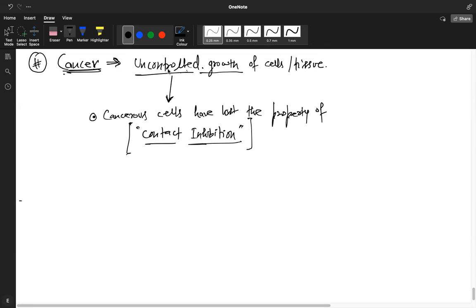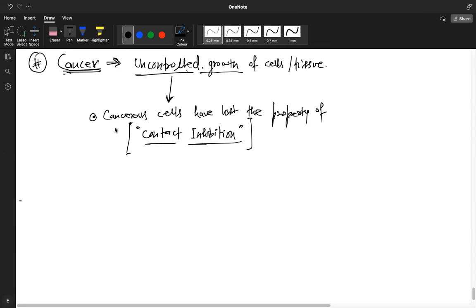So when you contact each other, you inhibit the growth, because that tells that everything is repaired, all the space is filled. Now we don't have to divide any further. So let's stop. If you follow the property of contact inhibition, no cell will grow beyond the limit, so no cell will become a tumor. But in cancer, this property is lost.